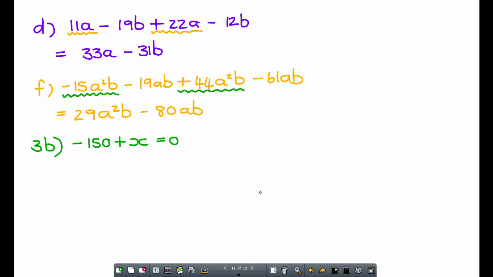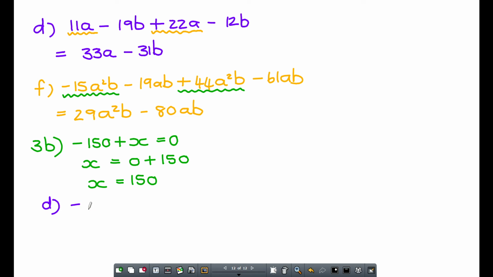Okay, so, sorry. B, D, F. I'm going to say x will then be, and this step you didn't have to include. You could have skipped directly to x is equal to 150. Any questions there?